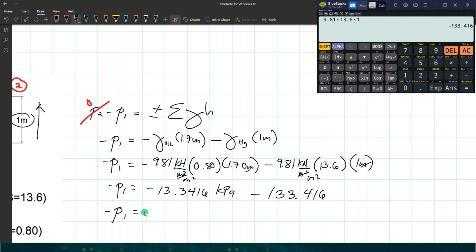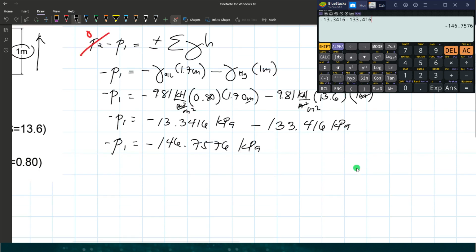So negative P1 equals negative 13.3416 minus 133.416, which is negative 146.7576 kilopascal.